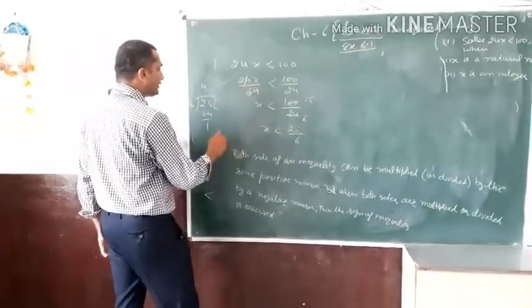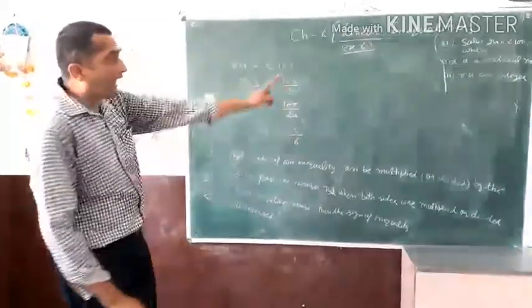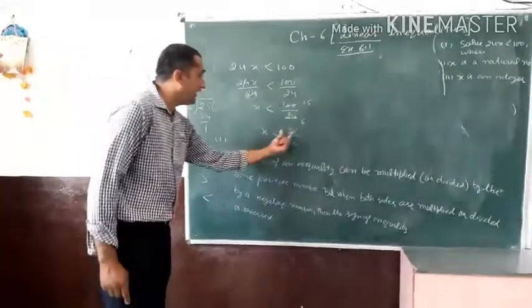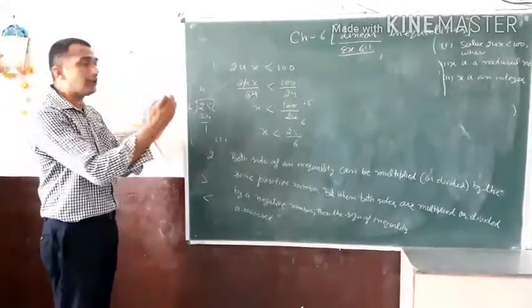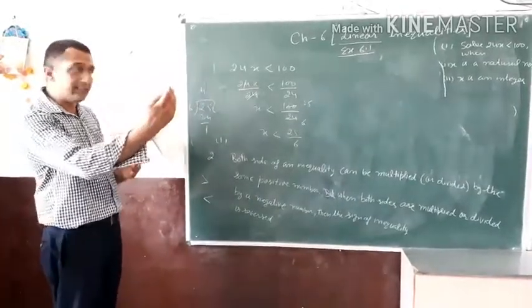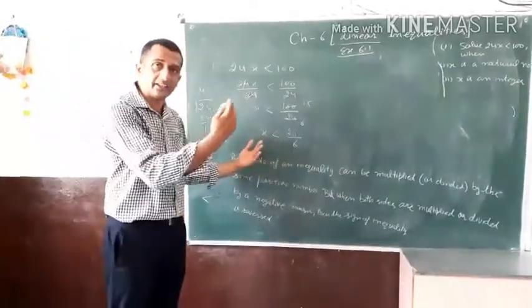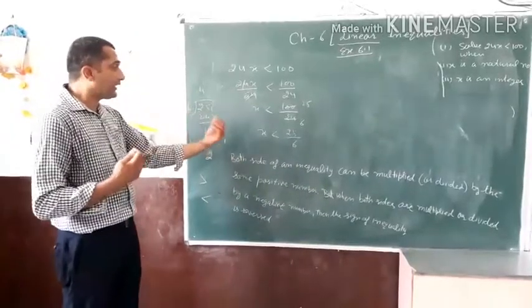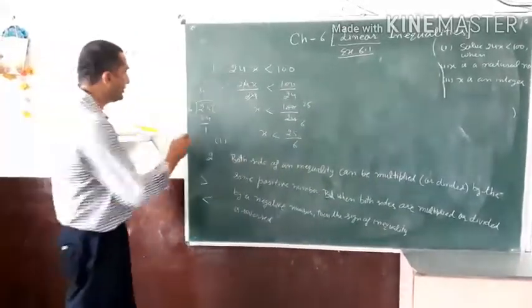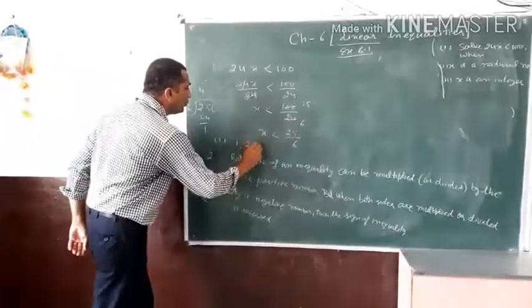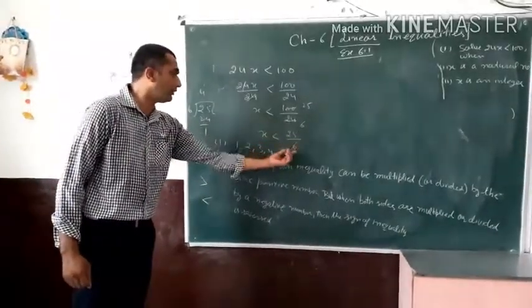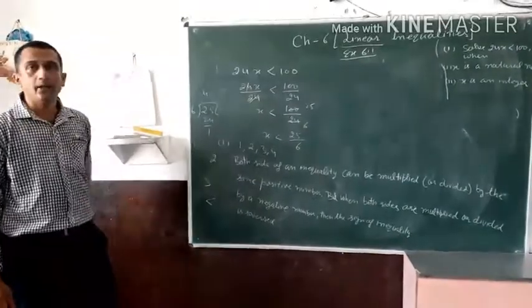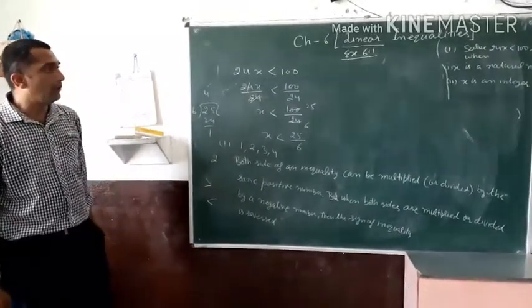So in the first case, x is a natural number, the answer will be 1, 2, 3 and 4.